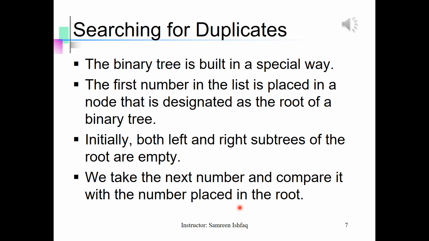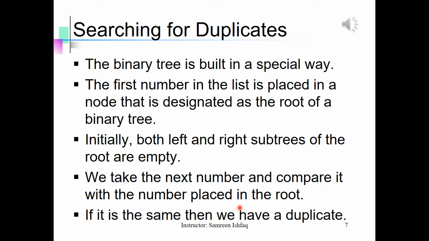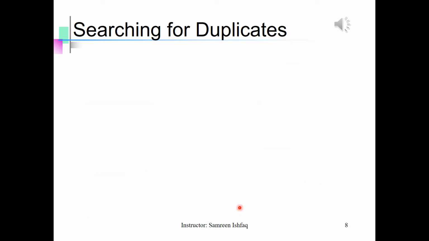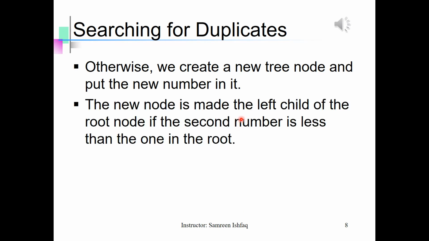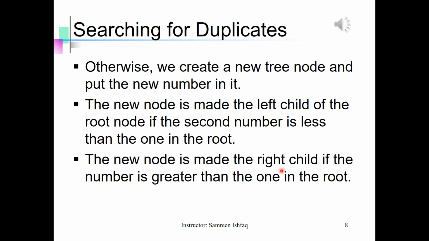If that number is the same, then we have a duplicate. If that number is not the same, then we create a new node and put the new number in it. The new node is made the left child of the root node if the second number is less than the one in the root node, and the new node is made the right child if that number is greater than the one in the root node.